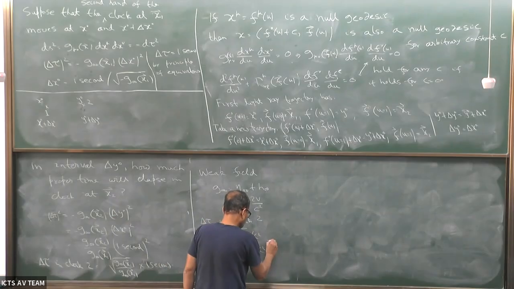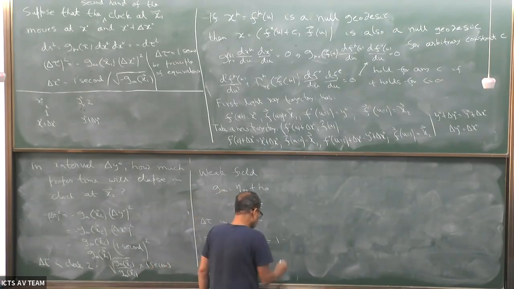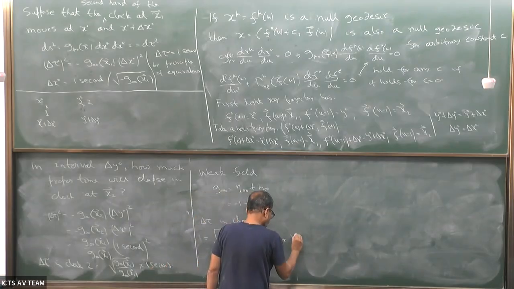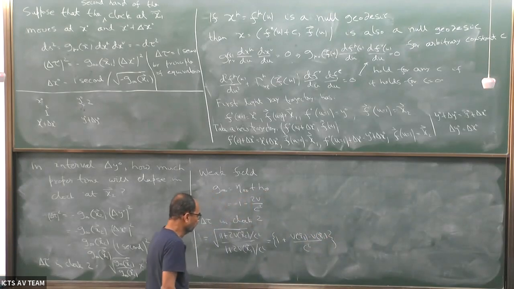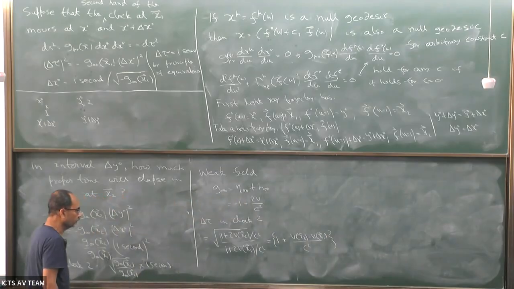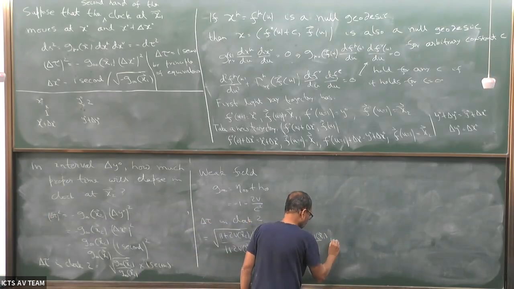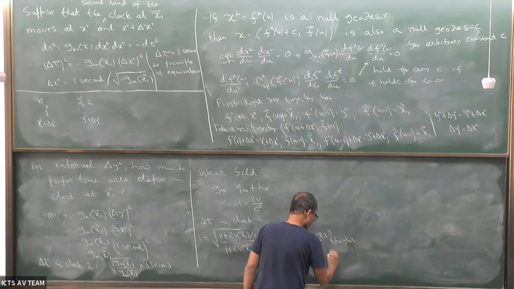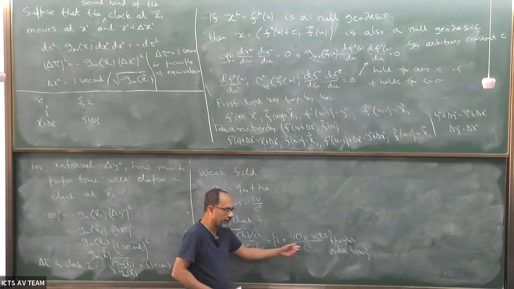So this is roughly, if you expand it out, since V is small, that's the weak field approximation, 1 plus V of x2 minus V of x1, plus higher order terms. So the effect is small because there is a 1 over c square sitting there.